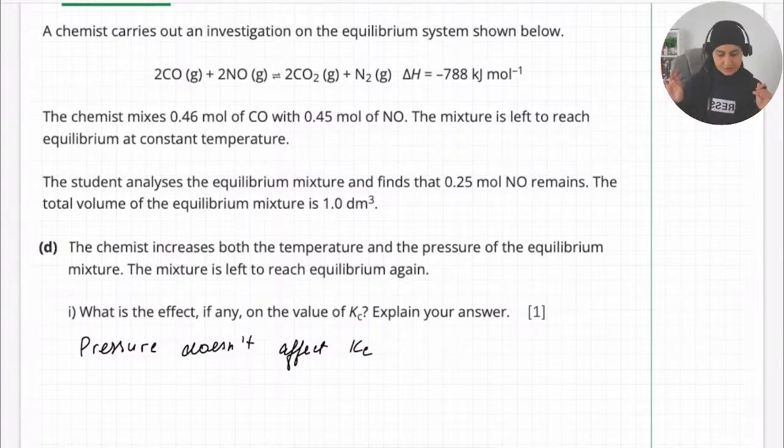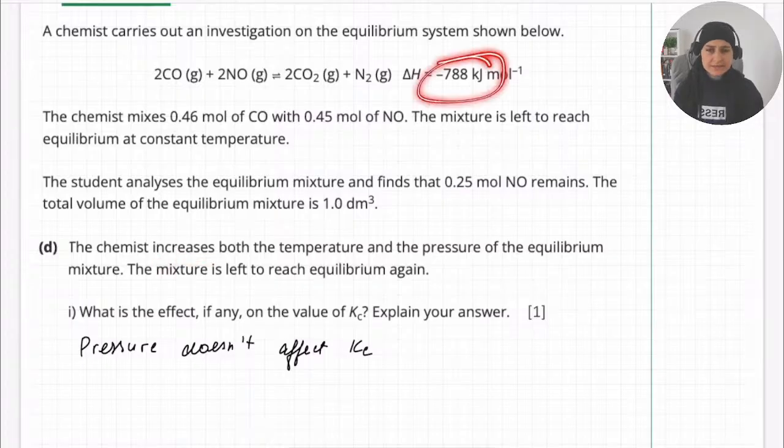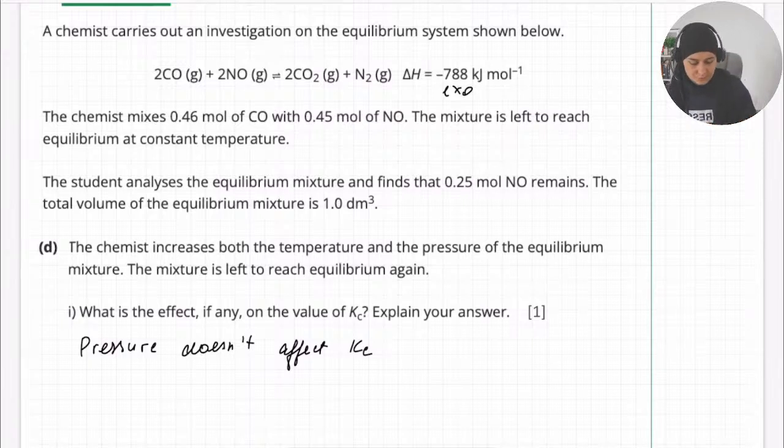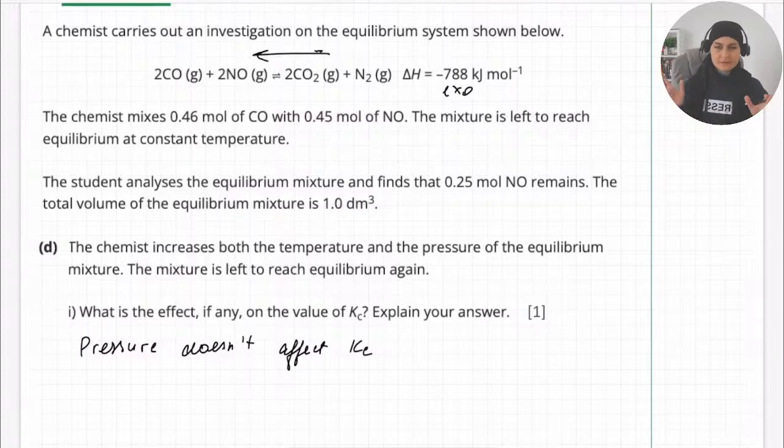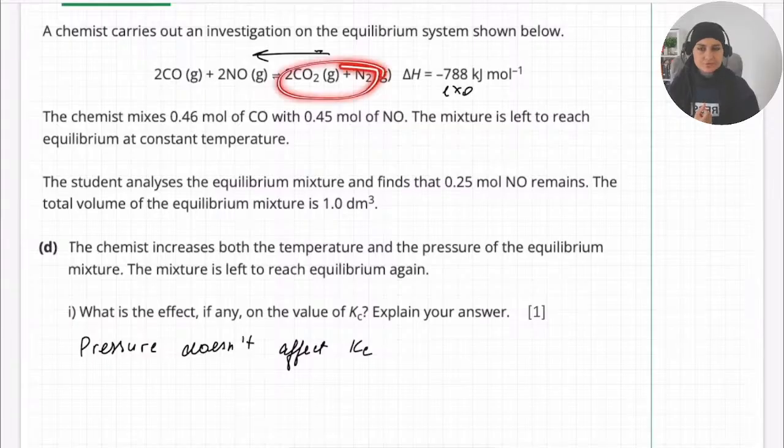And then let's look at the temperature. What's the deal with the temperature? Think about where equilibrium would shift when you change the temperature. The temperature has increased, right? The reaction is exothermic. Negative delta H, it's exothermic. So if you increase the temperature, equilibrium would shift to the endothermic side, so to the left. Le Chatelier's principle. And what does that mean? It means that you have less products.